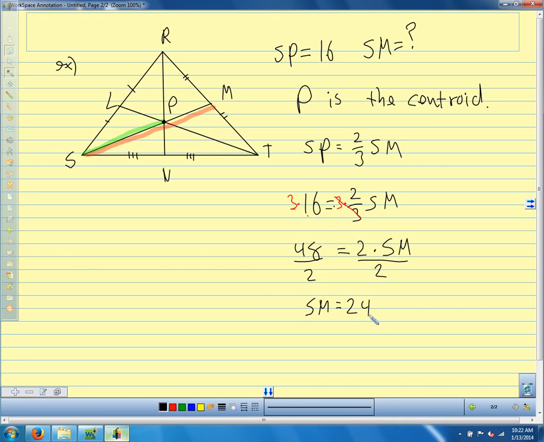You would probably get a decimal here, probably come out to 24 point something, so you'd be close. So that's another way you could go about it. But because P is a centroid, SP is 2/3 of the way across to the middle of the other side. Questions there?